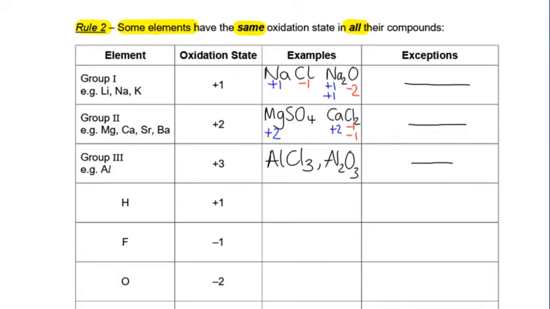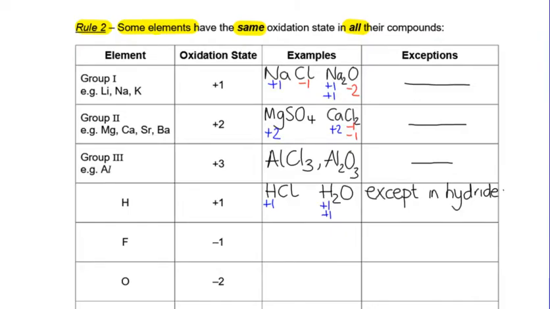Hydrogen is pretty much always +1, so in things like HCl, it's +1. In H2O, it's +1, there's just 2 of them, and we can look at what the oxygen would be as a result of that. But there is an exception: in hydrides.